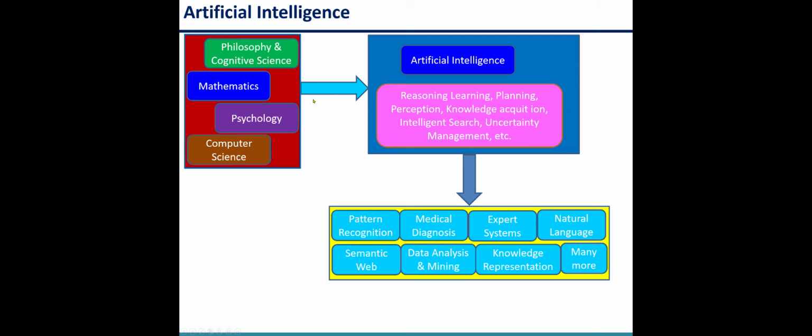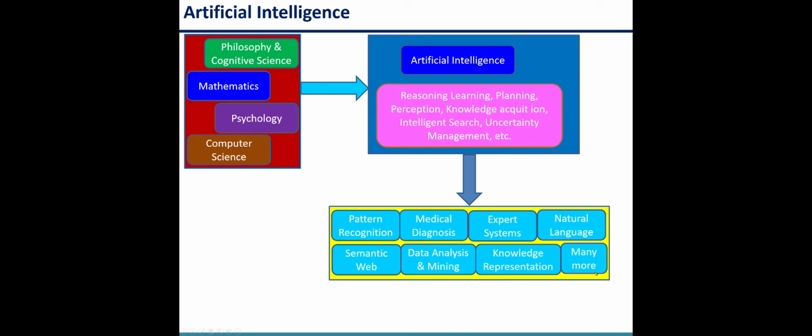All of these can be combined to make reasoning, learning, planning, perception, knowledge, search, and uncertainty management possible, to make artificial intelligence. It can be used for pattern recognition, medical diagnosis, expert systems, NLP, semantic web, data analysis and mining, knowledge representation, and many more things.